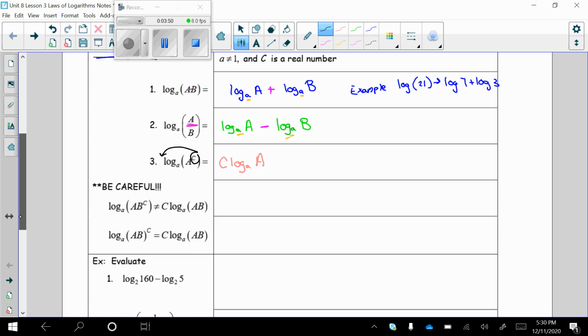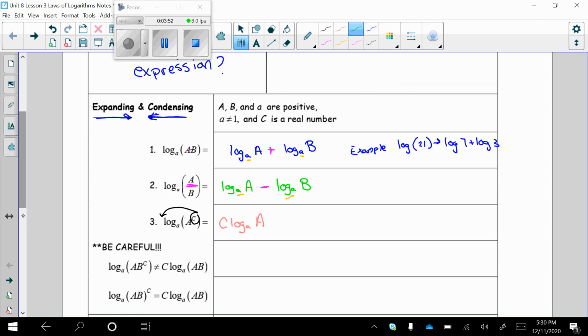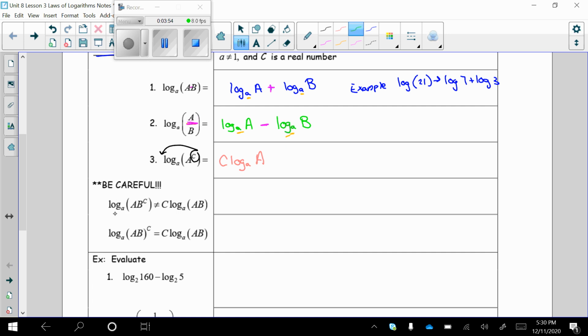Okay, some things to be careful of. All right, log base a of ab to the c is not the same as c log base a of ab. All right, that c is only on the b.